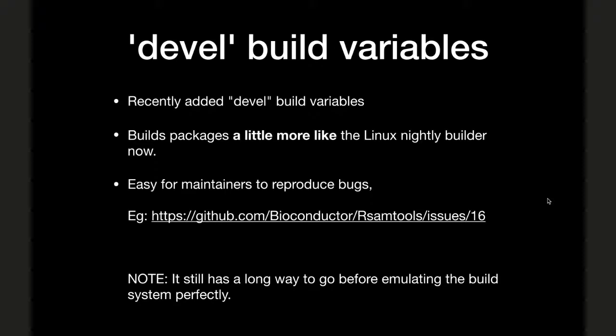And it's easy for maintainers to reproduce bugs. If they see something on the build system which is failing, they can use the Bioconductor Docker devel image and try to reproduce it on their local machine, within the Docker image. So that's one way developers will find this very useful.